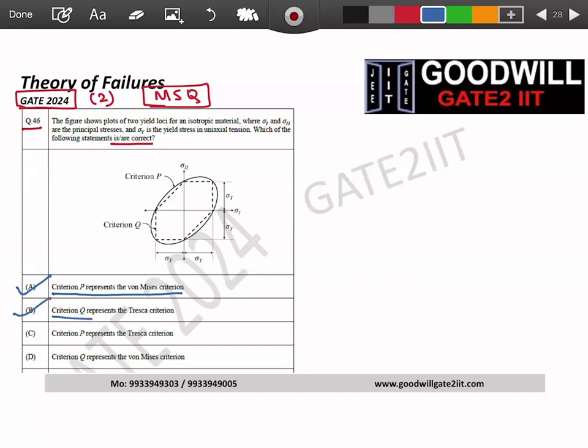We have just now seen this. Criteria P represents Tresca. Wrong. So A and B, guys, this is asked for 2 marks in your GATE exam as multiple select. Are we clear? Have we understood these concepts? Any questions? Please ask me. I will repeat it again.